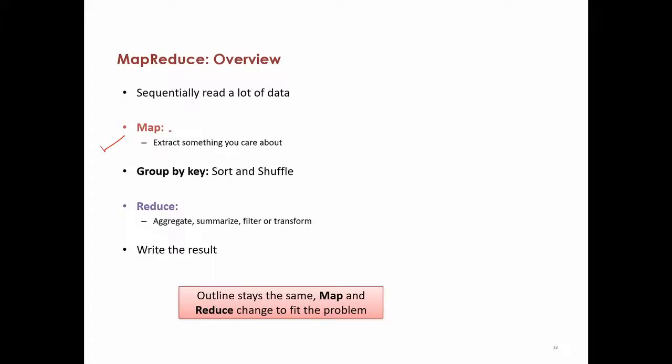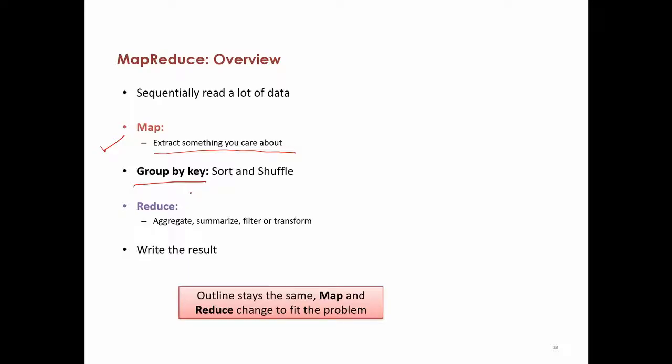Then there is the map part, the first user-defined program, where you extract the things from the data that you eventually care about, and the rest of the data you can ignore. Then you do something called sort and shuffle, which you can think of as a group-by-key operation.